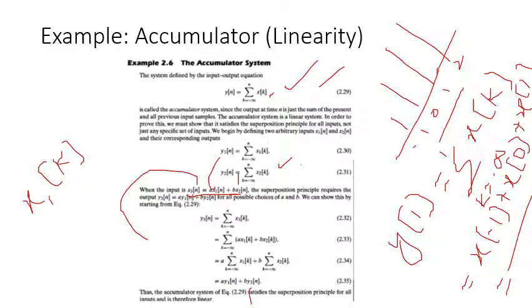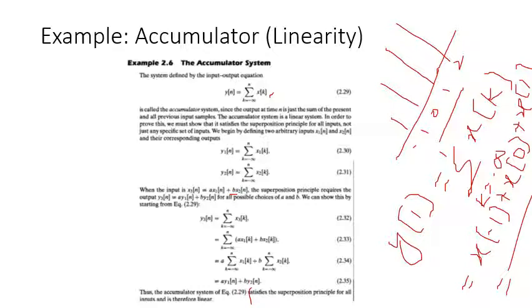This is how you prove linearity. We first consider two inputs and pass them through the system. Then we consider another input x3, adding x1 and x2 with scaling. Now we provide that additive input to the system and check whether the output is equal to the combination of the outputs or not.